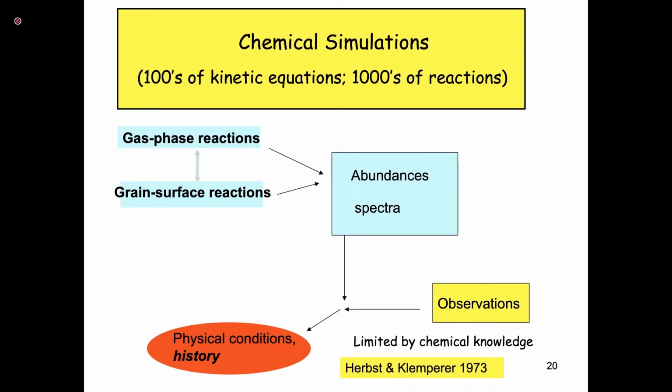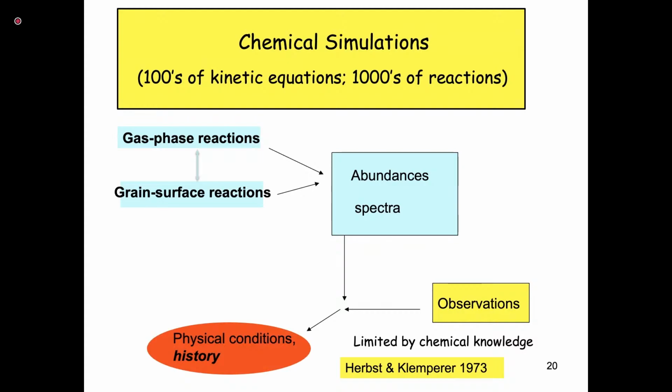We put in all the reactions we can think of, and all the molecules in the gas and on the surfaces react with each other. And from that, you can calculate, as a function of time and density, the concentration of every molecule you see and the spectra. So we can actually theoretically reproduce the spectra that I've been showing you.